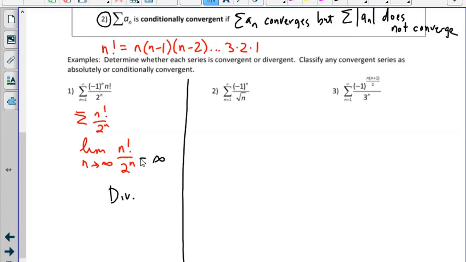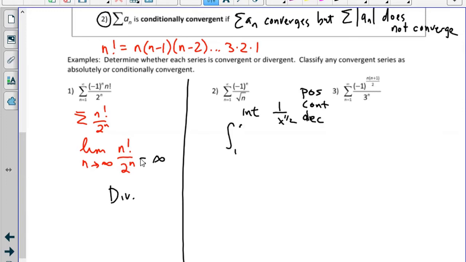Now let's take a look at number 2. We can already tell this does not converge absolutely because by the integral test, 1 over x^(1/2), which is 1 over square root of n, or 1 over square root of x, is continuous, positive, and decreasing.